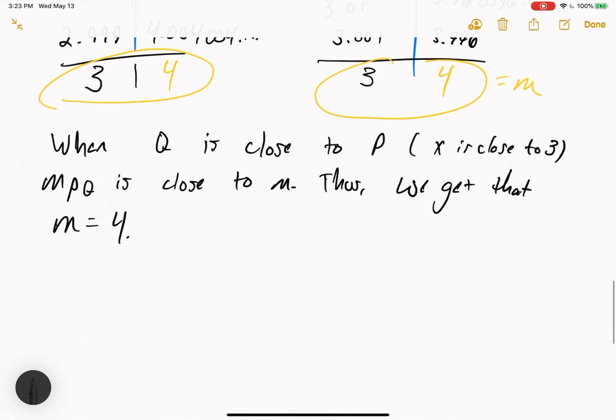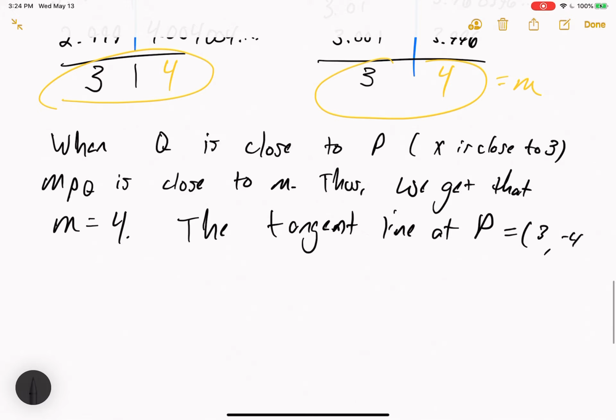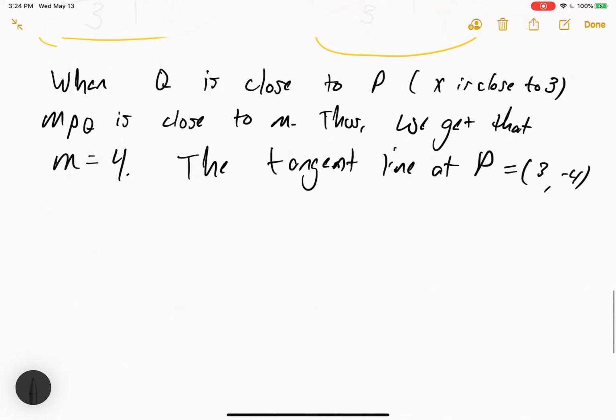So in this case, that tells us that the tangent line at P, which again was, I think, (3, 4), will have slope M, or in this case, slope 4.